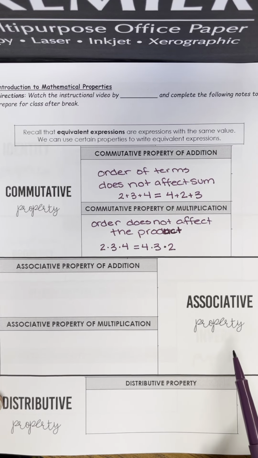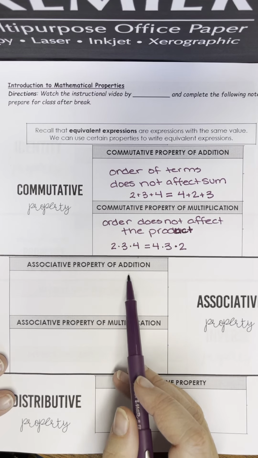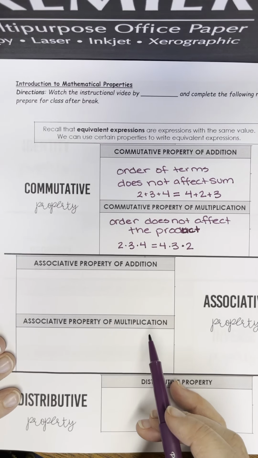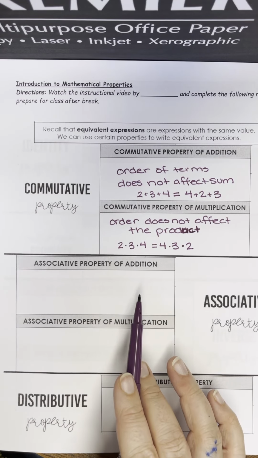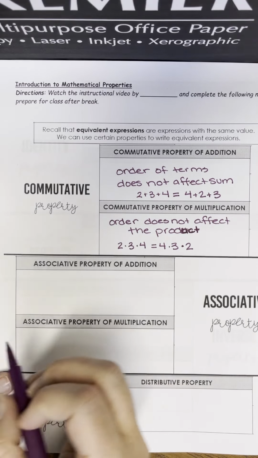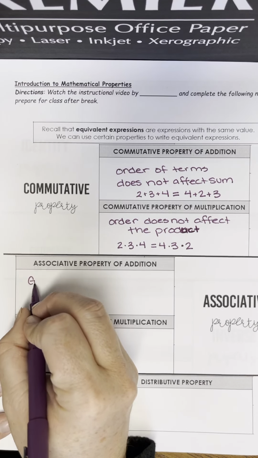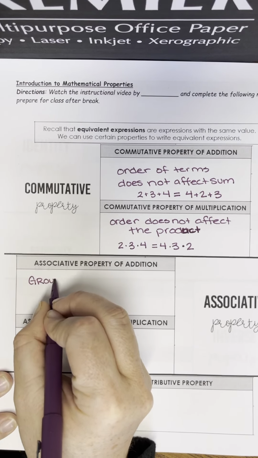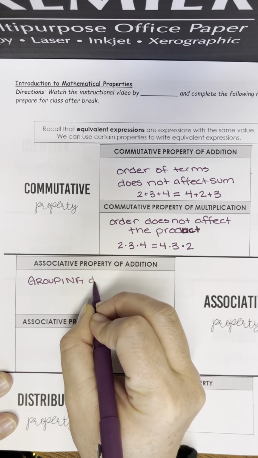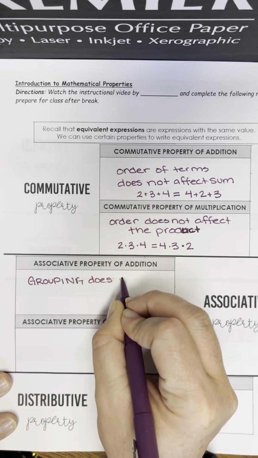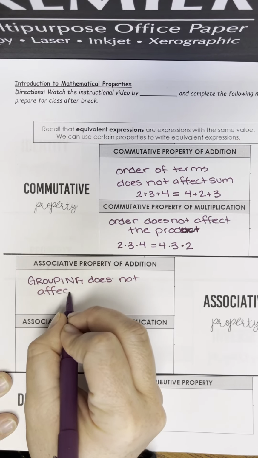All right, the associative property is also broken into addition and multiplication. And what we're saying here in the associative addition is that grouping does not determine the sum. So the grouping does not affect the sum.